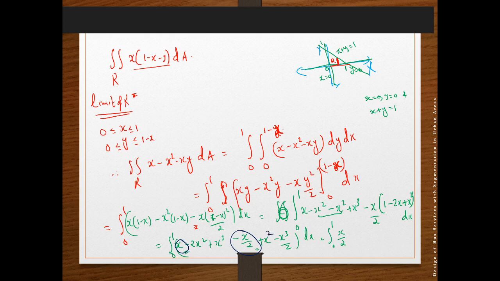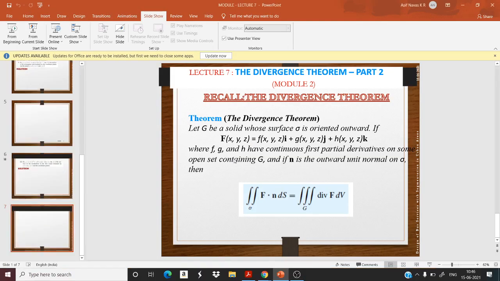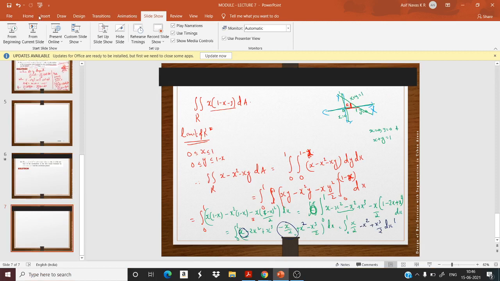Here x square is there. Minus 2x square plus x square is minus x square. And x cube minus x cube by 2 is plus x cube by 2, dx.